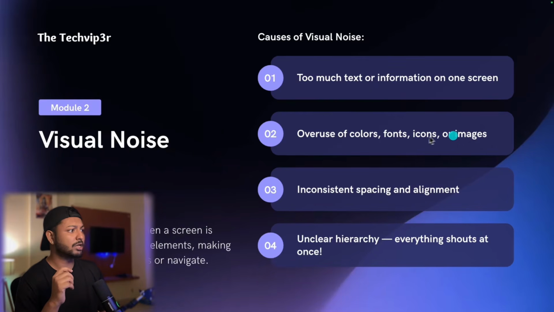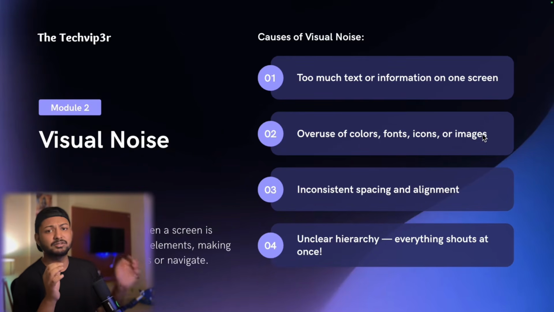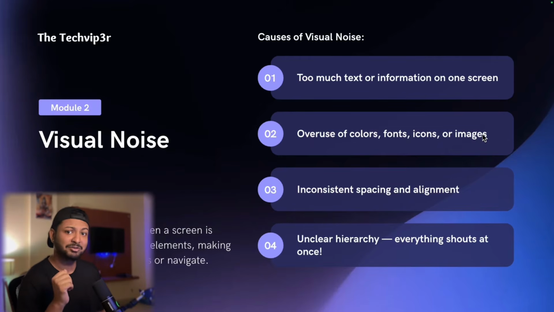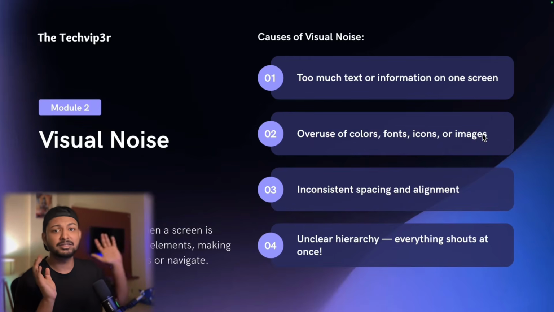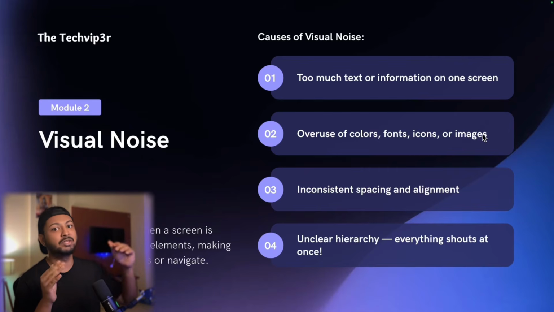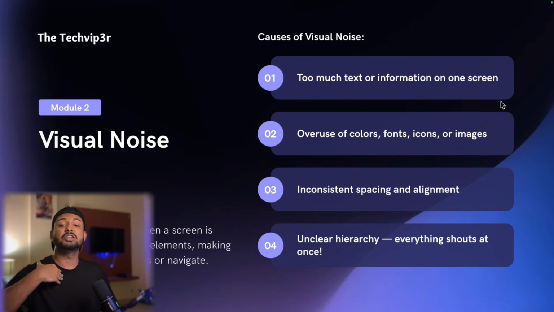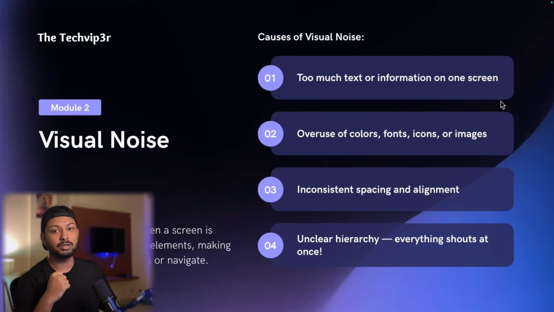Overuse of color, fonts, icons or images. Something in balance feels good, but something which is out of balance doesn't feel good. It might be very much, it might be less. So here we can't overuse the color, fonts, icons. In design, if we are using different sorts of colors, different sorts of fonts, it won't look good. As I told you in visual hierarchy, it should be consistent enough.